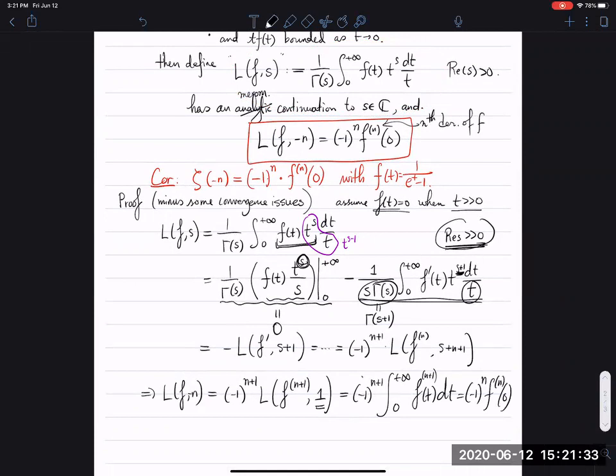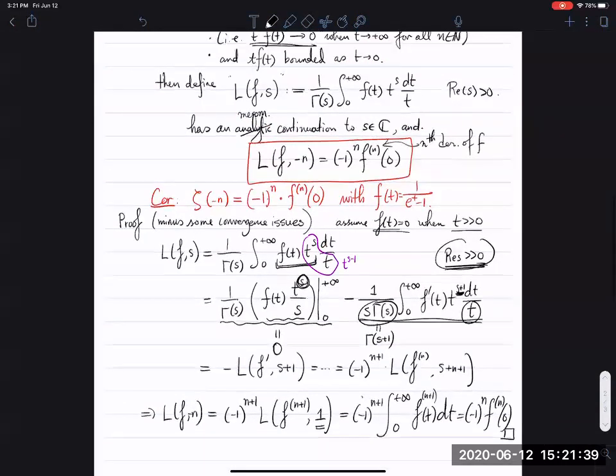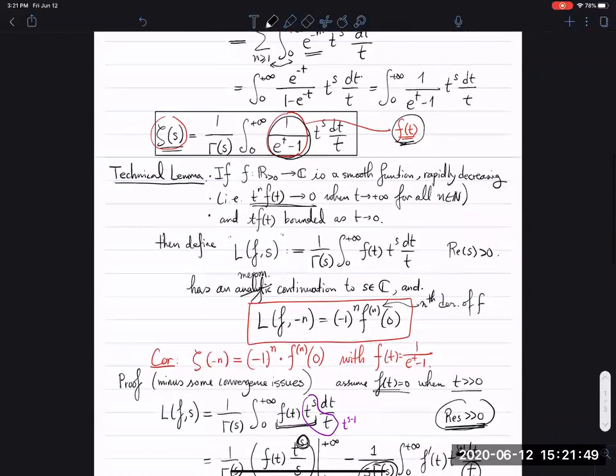So that's basically the proof, minus some convergence issues and analytic continuation, which I'm not going to talk about. That explains our two-step process. First of all, I write my zeta function as 1 over gamma(s) times some integration like this.